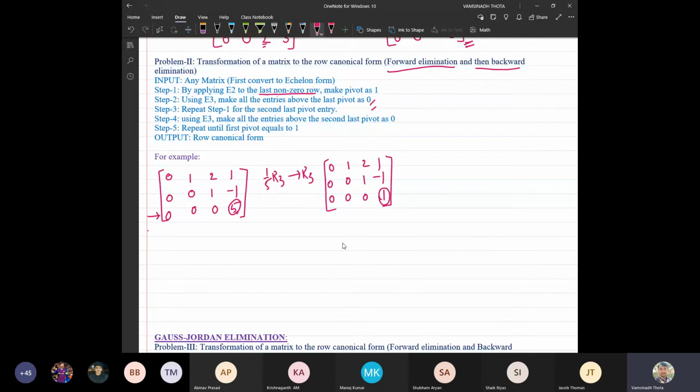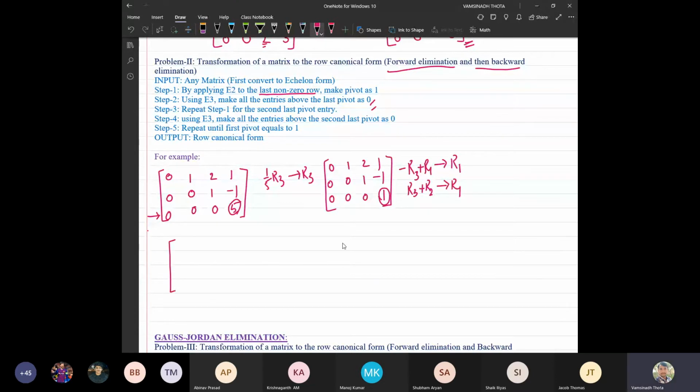So what we have to do here is two row operations simultaneously. R1 should be changed and R2 should be changed. So minus R3 plus R1 replaces R1, and R3 plus R2 replaces R2.